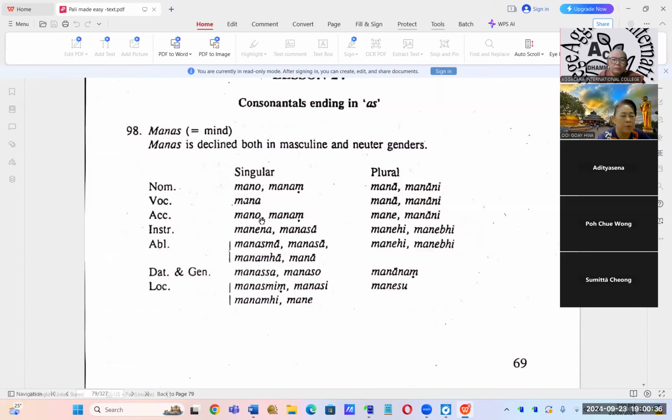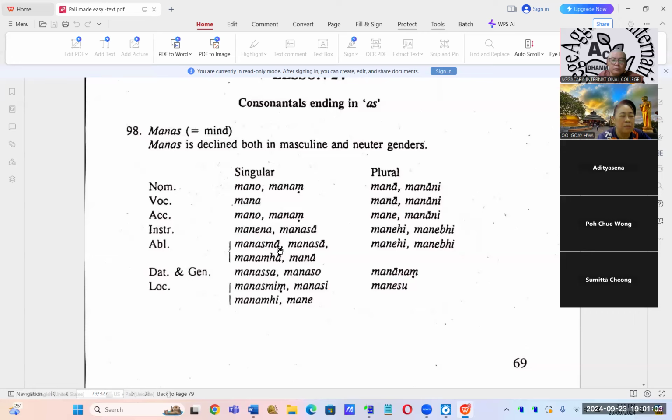Accusative: tamo, tamam. Plural: tame, tamani. Instrumental singular: tamasa, special form, tamena. Plural: tamehi, tamebi.